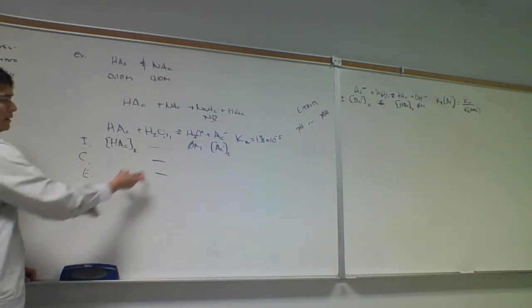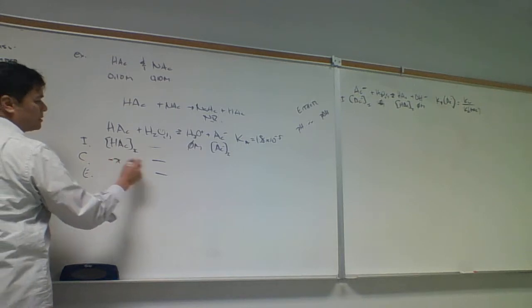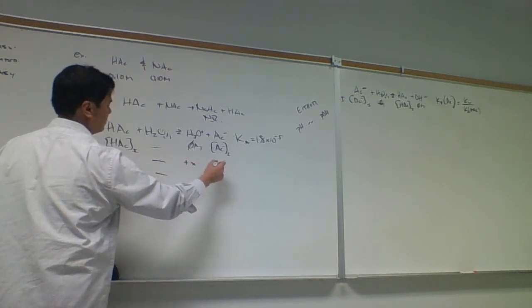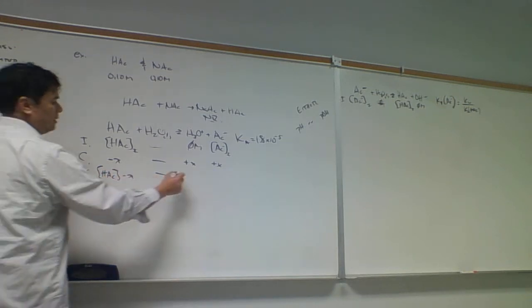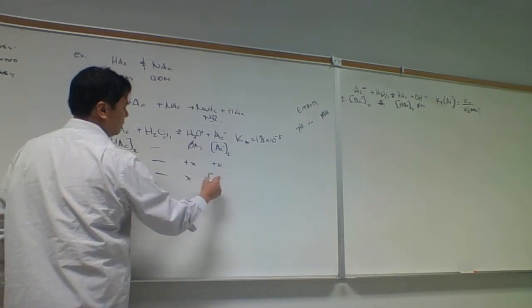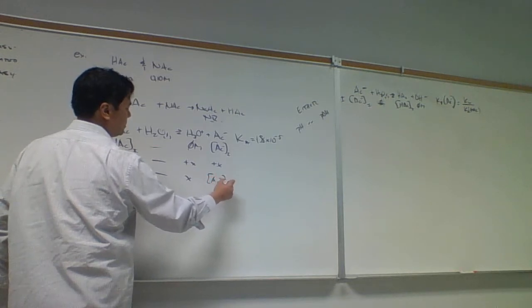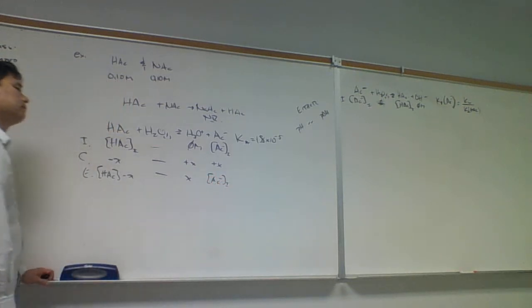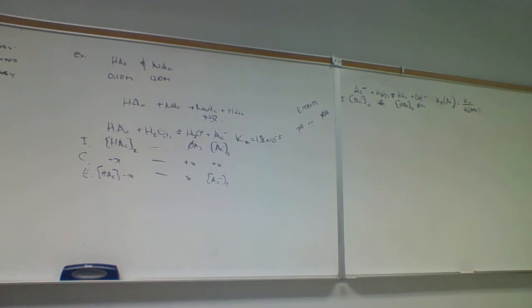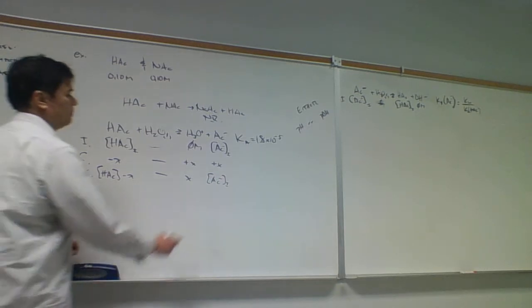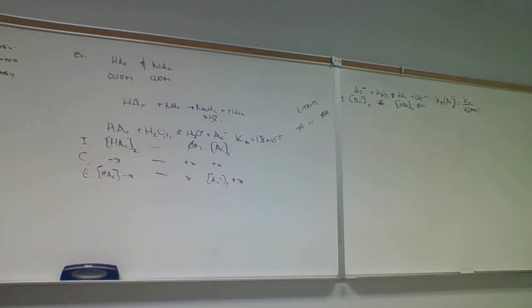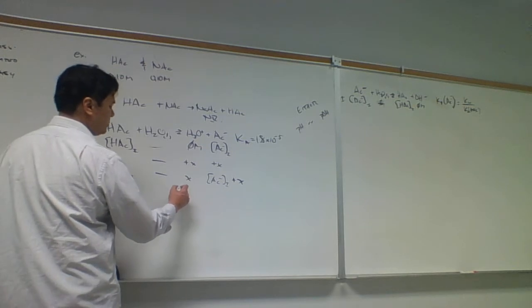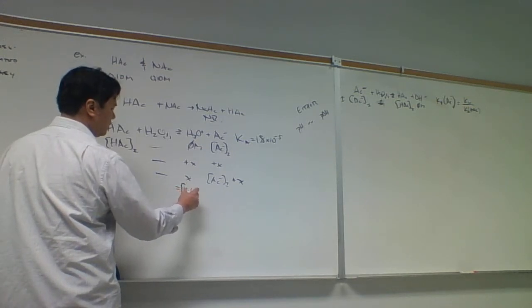Well, what's going to happen? In this case, we're going to have minus x, plus x, plus x. So here we have HAc minus x, and x, and Ac minus plus x, where x is the hydronium ion concentration at equilibrium.